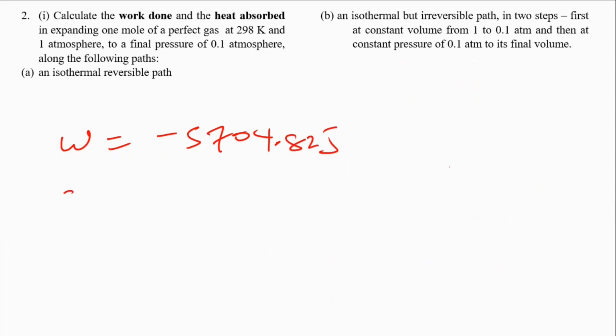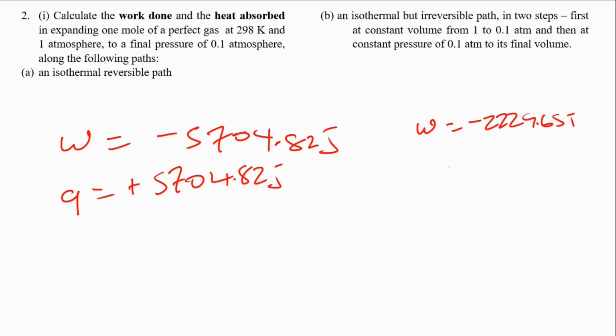And of course, the heat worked out to the exact magnitude but opposite sign. In this case, over this side now, we work out to something like minus 2,229.65 joules, and Q worked out to be the exact magnitude, of course, but different signs.